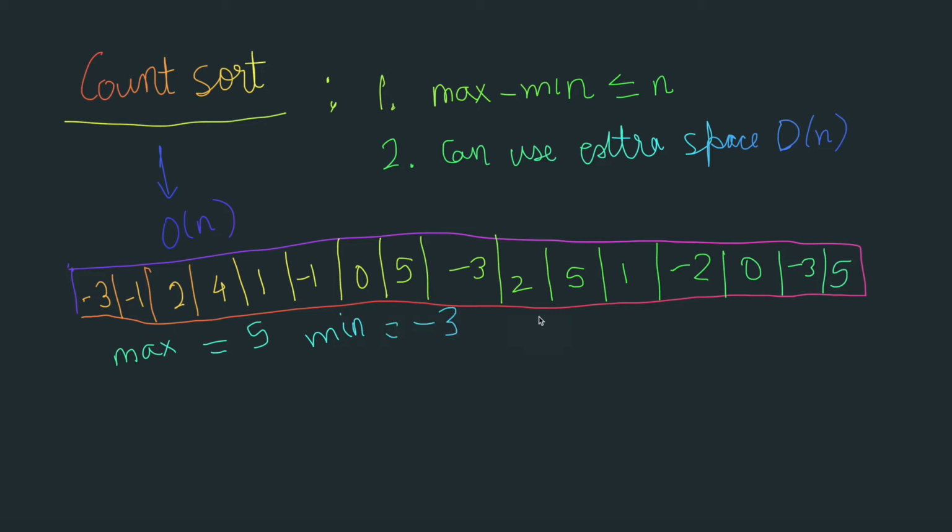The difference, max minus min, is 5 plus 3 equal to 8, and n is equal to 16. 8 is less than 16, so if we can use order of n extra space, then it's advised here to use count sort to reduce time complexity to order of n, which is order of 16 and not order of n log n. So that is one case where we are advised to use count sort.